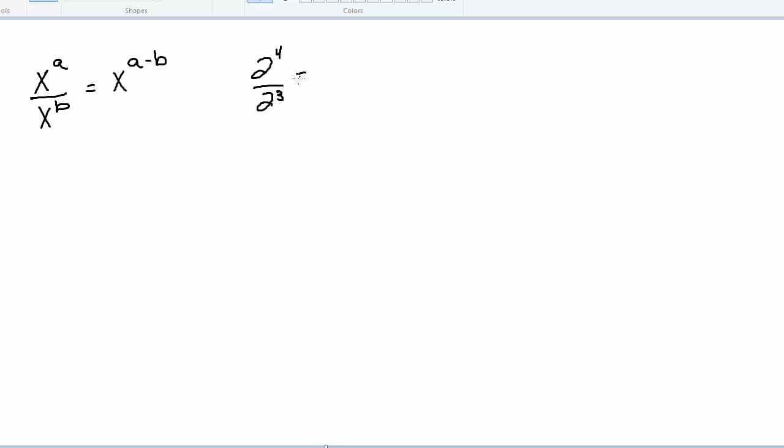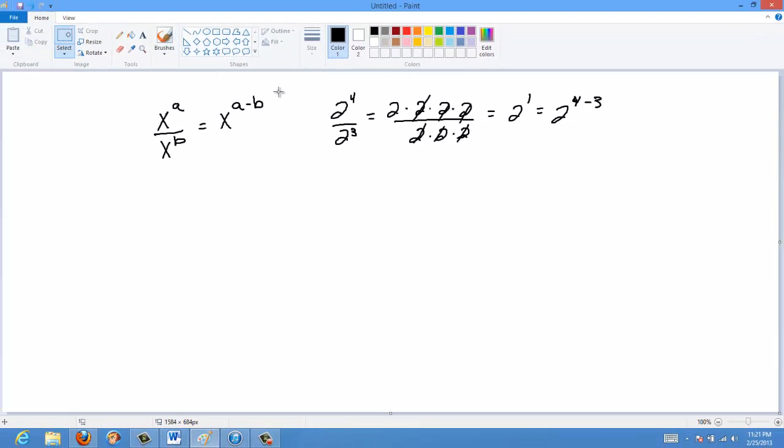What I showed was that is 2 times 2 times 2 times 2, all divided by 2 times 2 times 2. You can see that these eliminate each other, and we're just left with 2 to the 1, which was equal to 2 to the 4 minus 3.